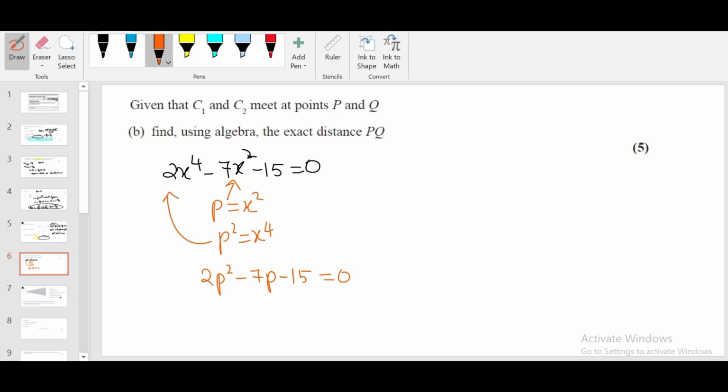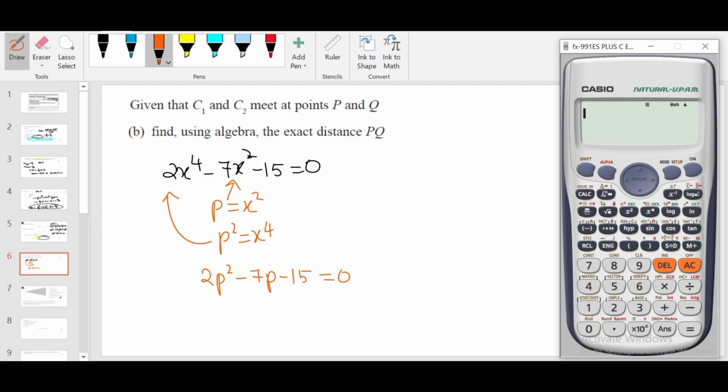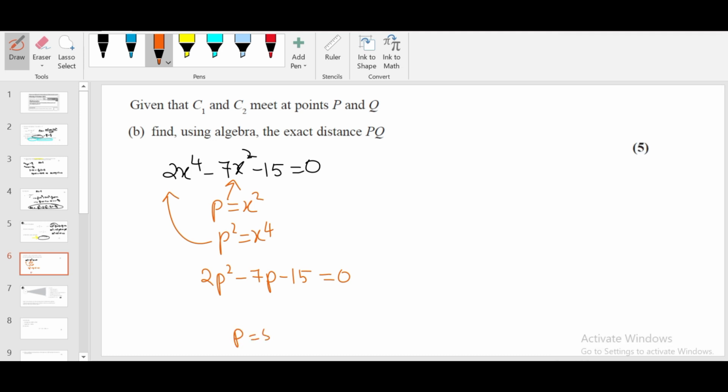I'm going to use my calculator to solve this. Shift, 5, equation, 3, quadratic, 2, -7, -15. I got 5 and -3/2.